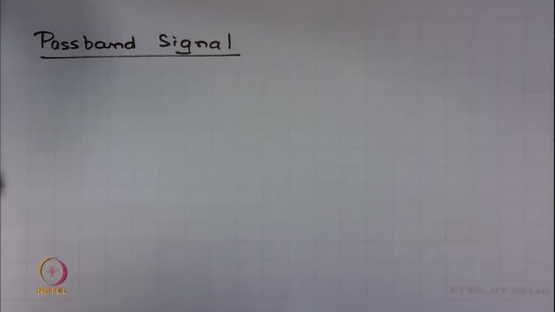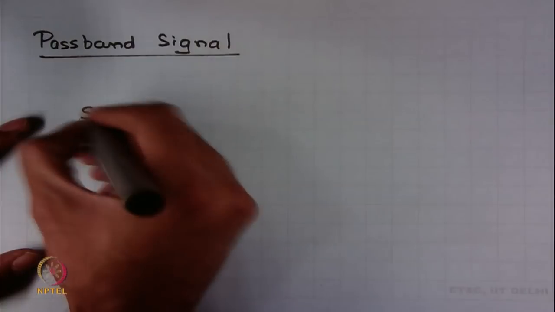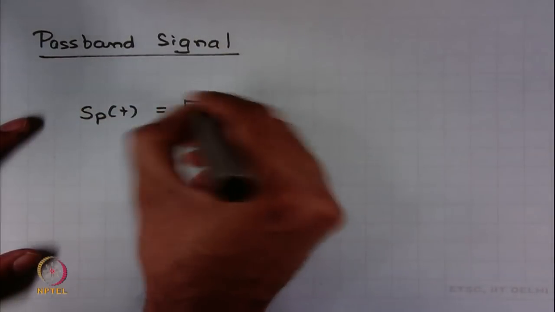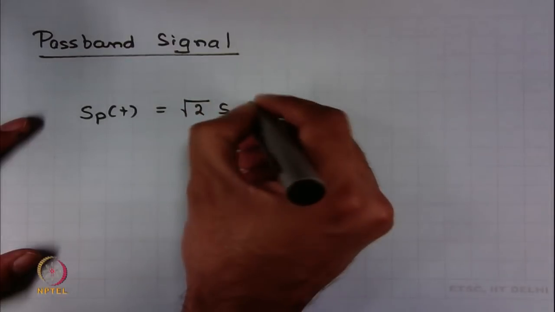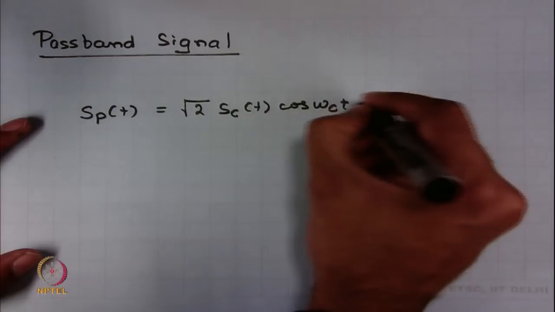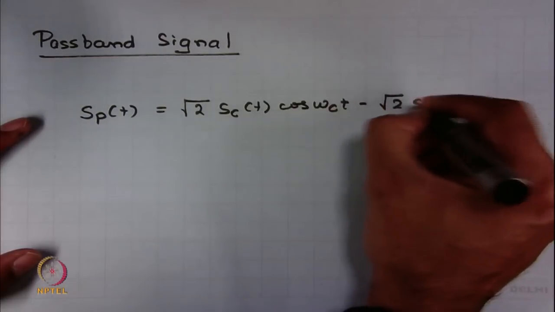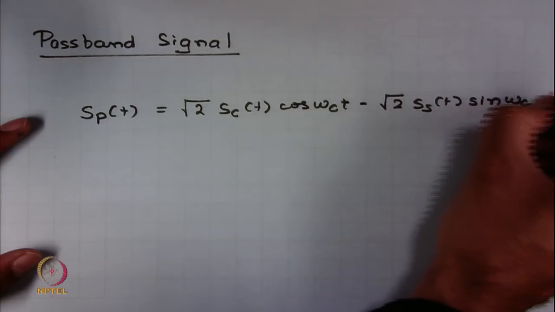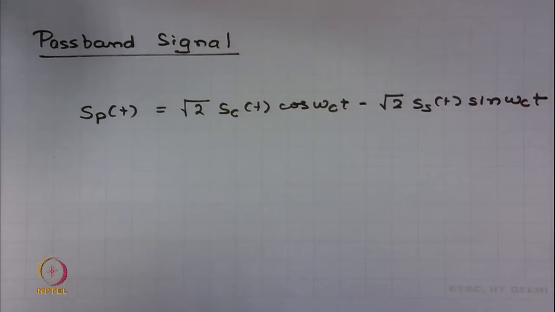When we are talking about a passband signal, let us write the equation of a typical passband signal. Okay. So, here you see certain things.